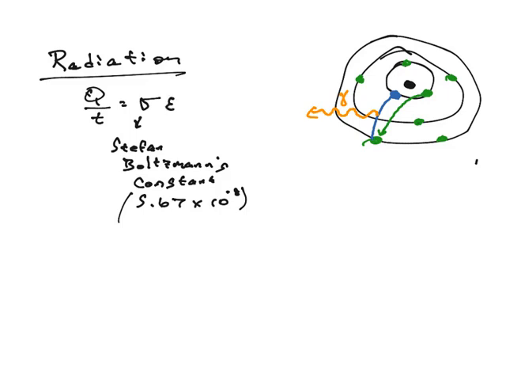Then it should depend on kind of the material in a way. And the way this one is dependent on the material is by how well does this thing emit the light? How well does it radiate light? If it's an ideal perfect radiator, we say this epsilon is 100%, so that would be 1.